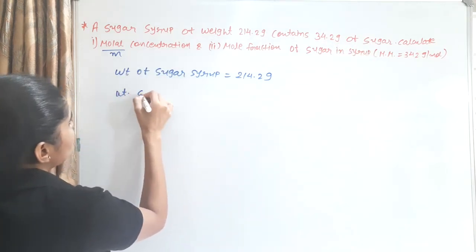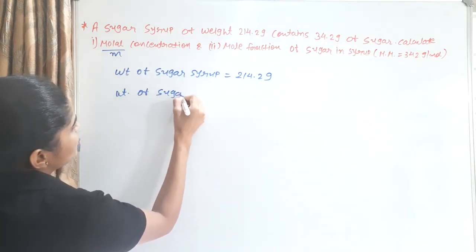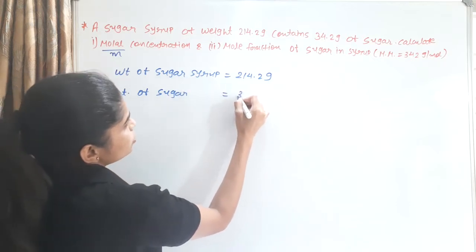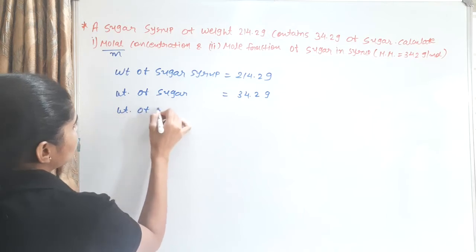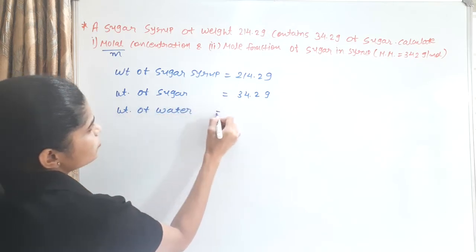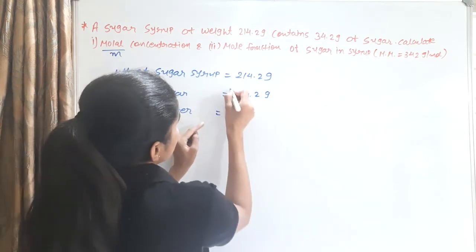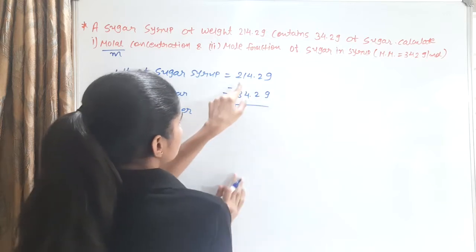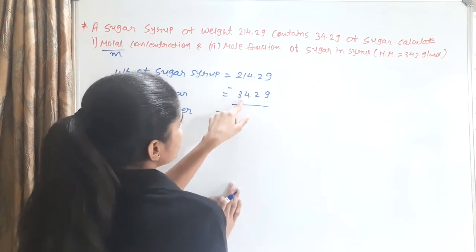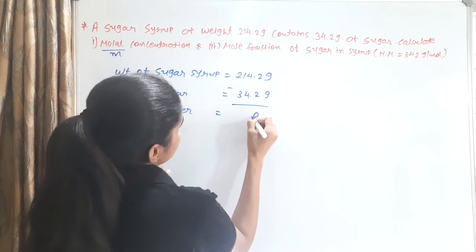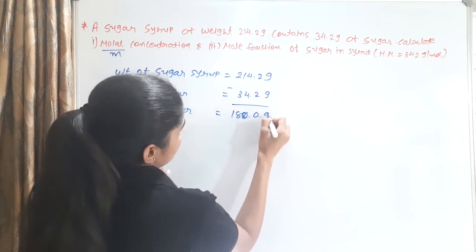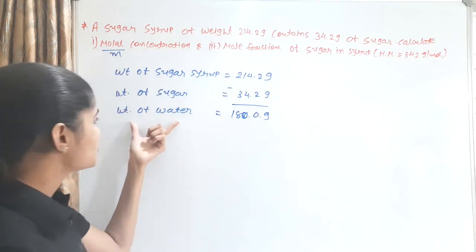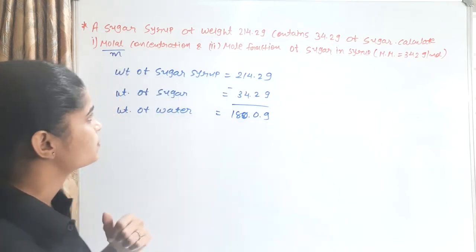Then the weight of water in sugar syrup is 214.2 gram minus 34.2, which is 180 gram.